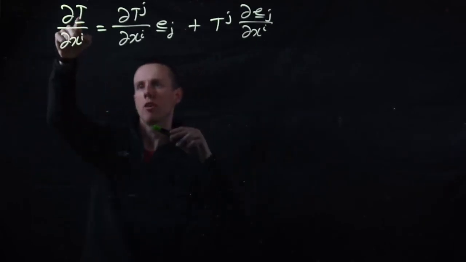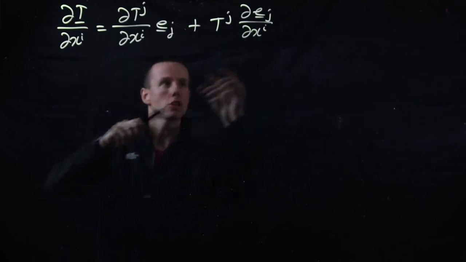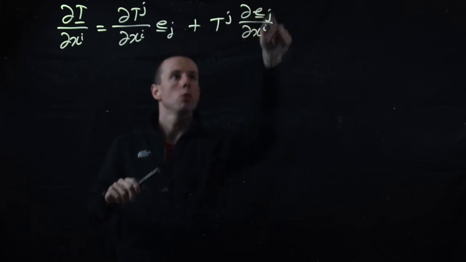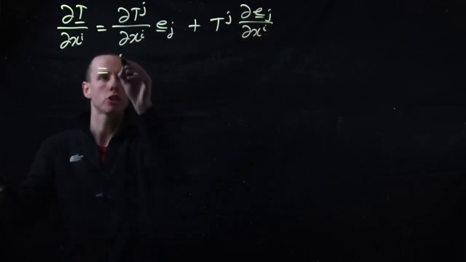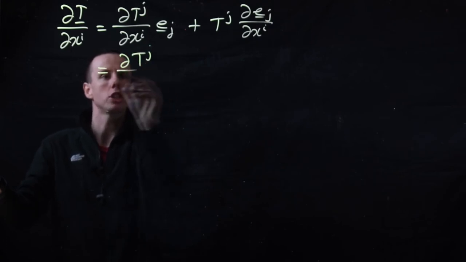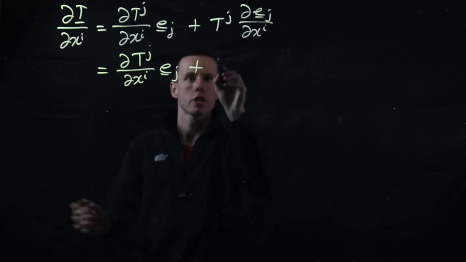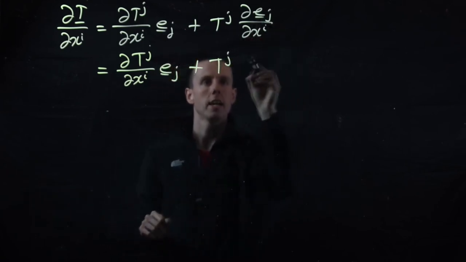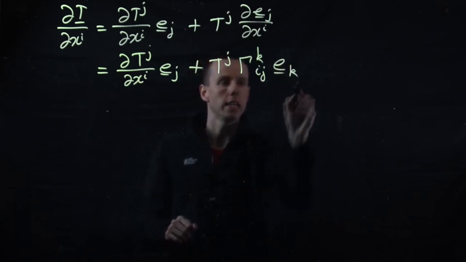The derivative of the vector field t with respect to coordinate xi, and let's now put in for this derivative the expansion of it with the Christoffel symbols and the basis vectors. So the first term stays the same, dtj by dxi ej plus tj, and then dej by dxi is gamma k i j ek.